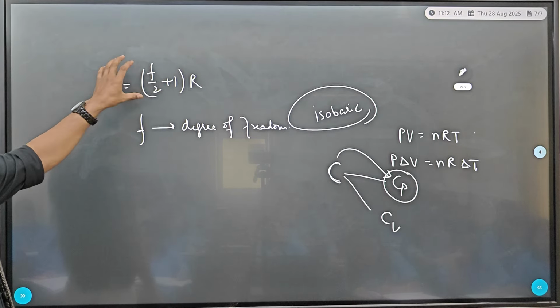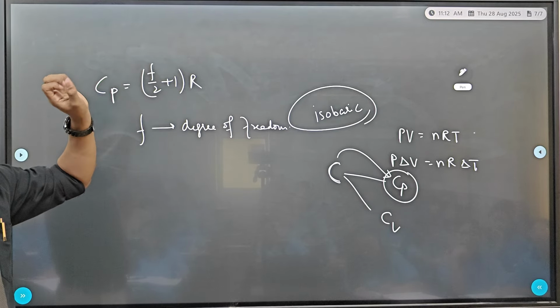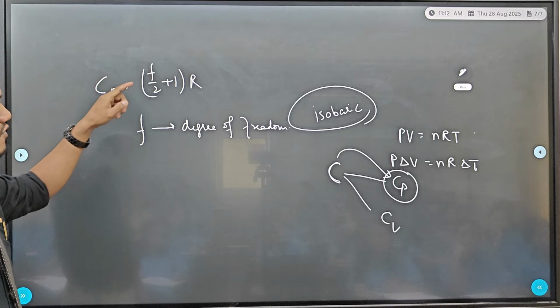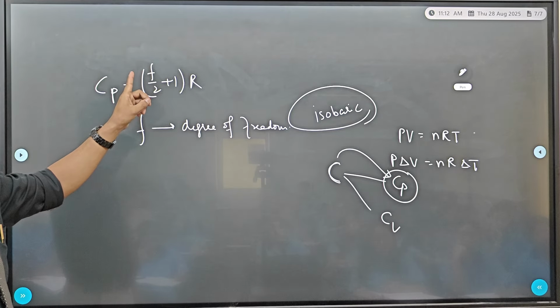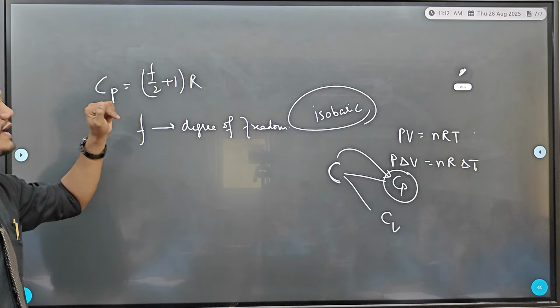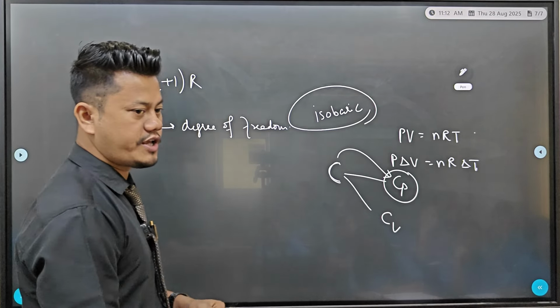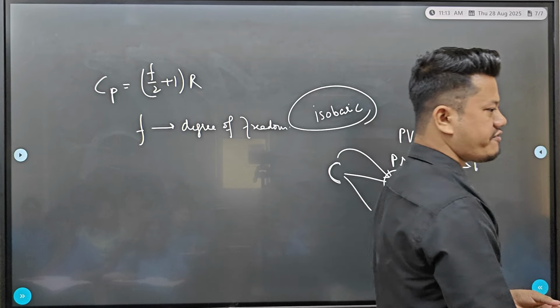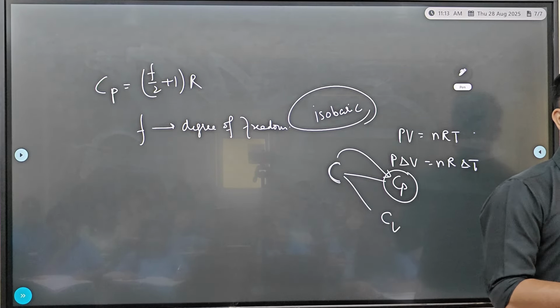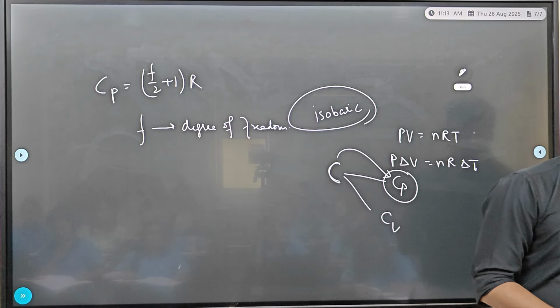I can use this expression to find the specific heat at constant pressure for monatomic, diatomic and triatomic also. Got it or not? For example, for monatomic gas, degrees of freedom is 3. For diatomic, 5. In this way, I can replace the value depending upon the demand of the question. Is that clear? Got it?